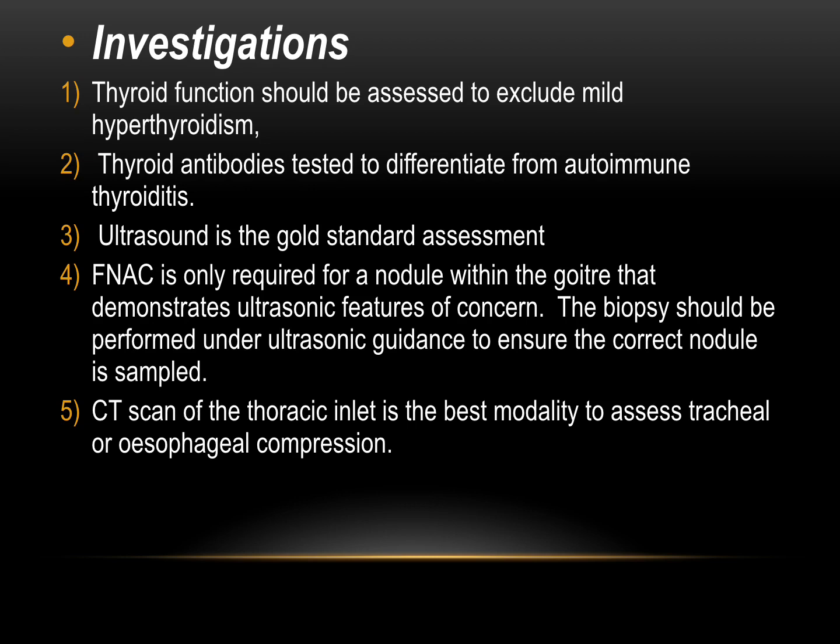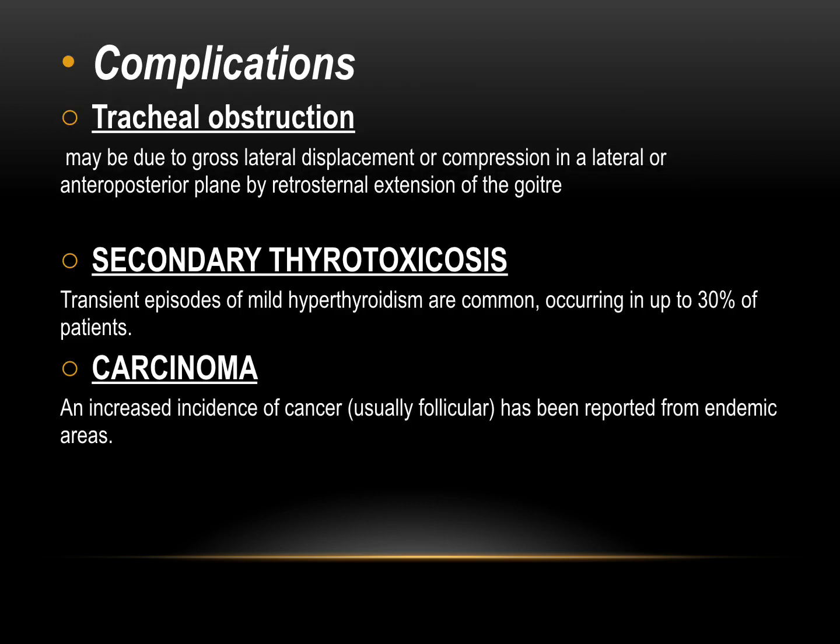The biopsy should be performed under ultrasonic guidance to ensure the correct nodule is sampled. CT scan of the thoracic inlet is the best modality to assess tracheal or esophageal compression.